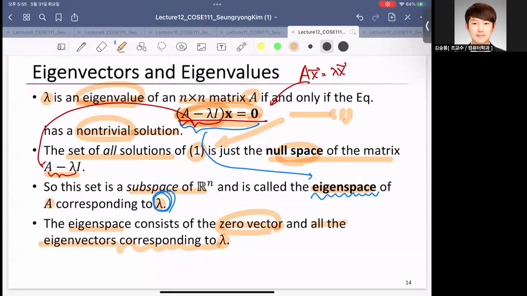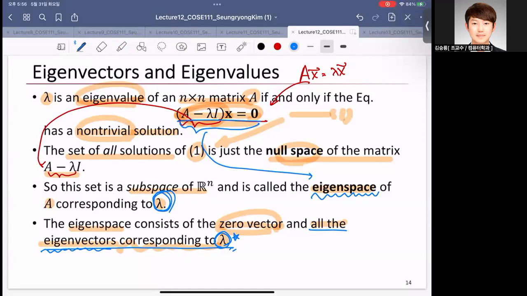If we already know the eigenvalue lambda, we can solve this equation. Then the eigenspace is the solution of this equation, so the solution is going to be the eigenvectors for the corresponding eigenvalue. This is just the definition of eigenvectors and eigenvalues.